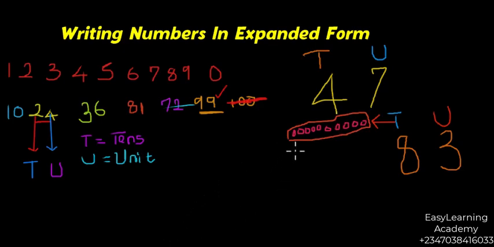So we can have another one. 1, 2, 3, 4, 5, 6, 7, 8, 9, 10. That will be another group of 10. And this is another group of 10 here.